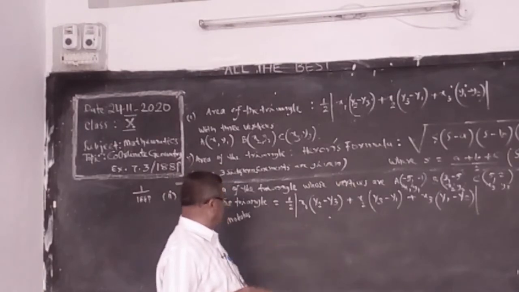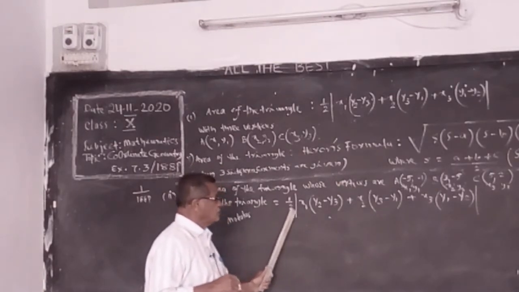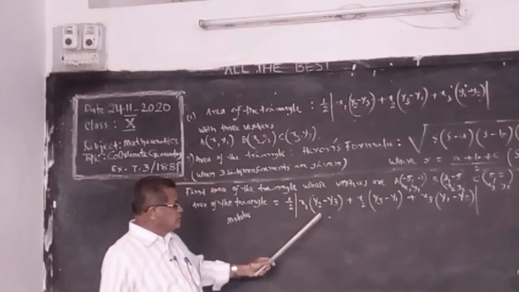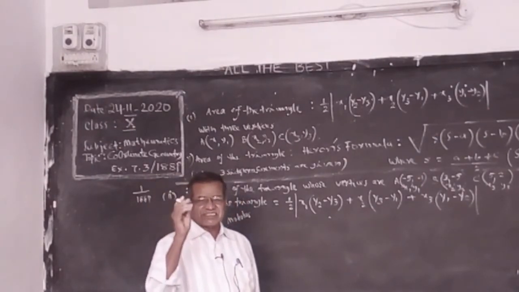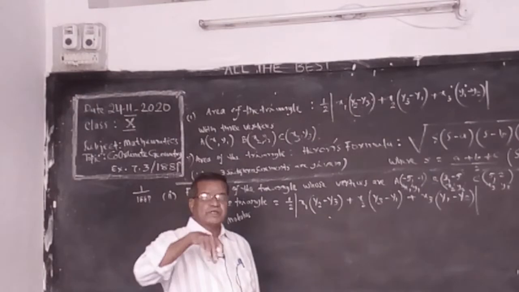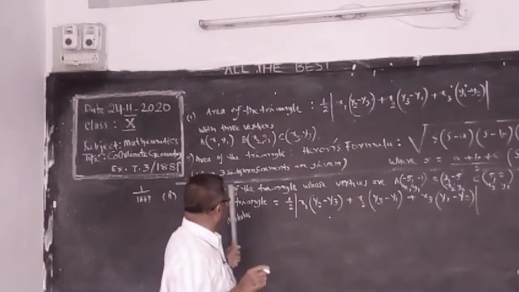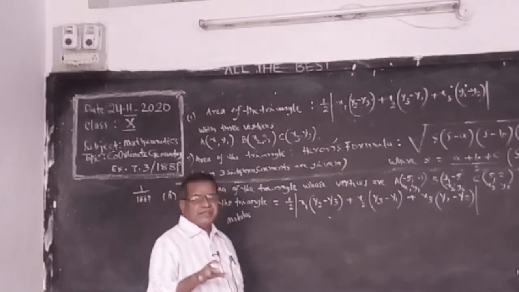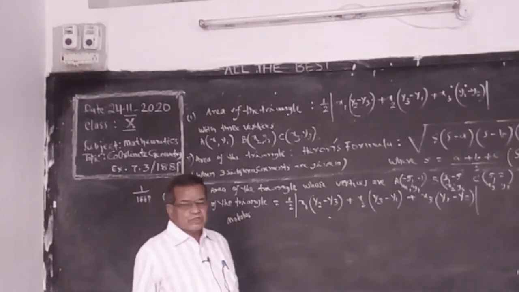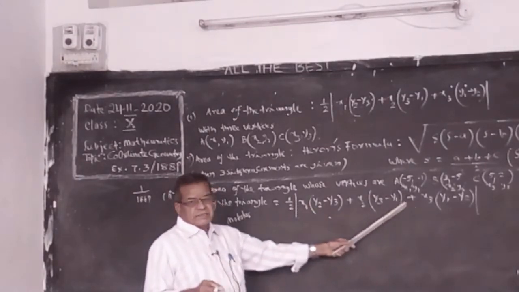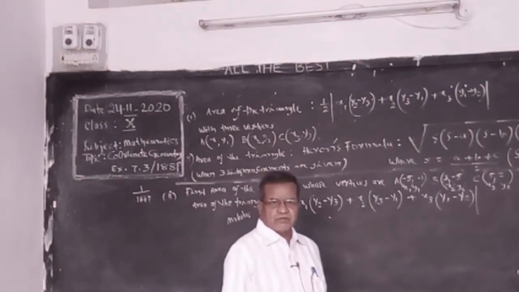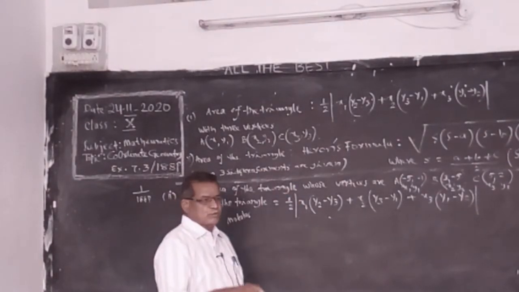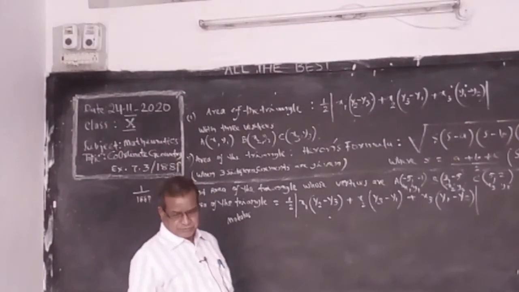Next, substitute the values. Half modulus. The meaning of modulus is that if we get minus, it is taken as a positive numerical value only, because the area of a triangle can never be minus. So take only the numerical value, only the number.